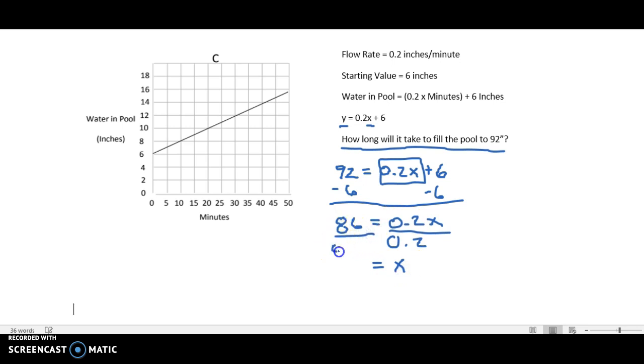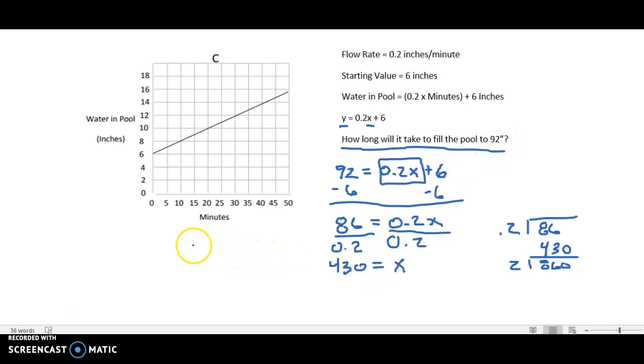And 86 divided by 0.2 is going to be the same as 2 going into 860, which is going to be 430. So it looks like 430 is going to be x, so that to fill the pool to 92 inches, we're going to need 430 minutes.